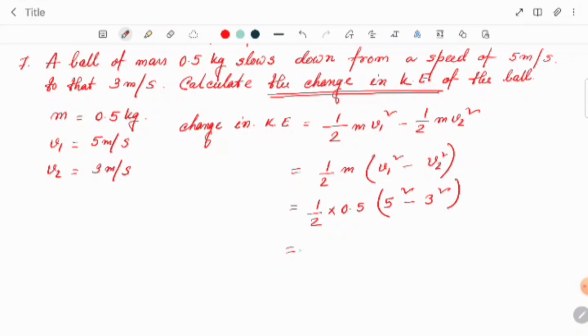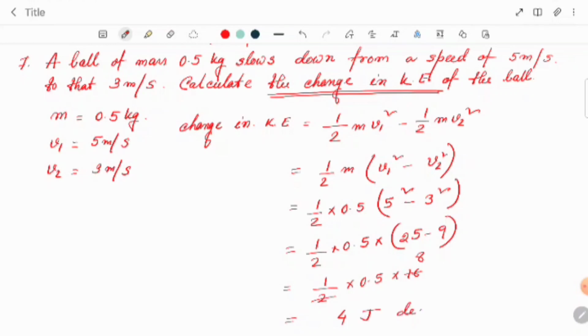So half into 0.5 into 25 minus 9, so it will become 16. So half into 0.5 into 16, so 2 if you cancel it will become 8. 8 into 0.5 will get basically 4. So it should be 4 joule decrease. Keep it in your mind.